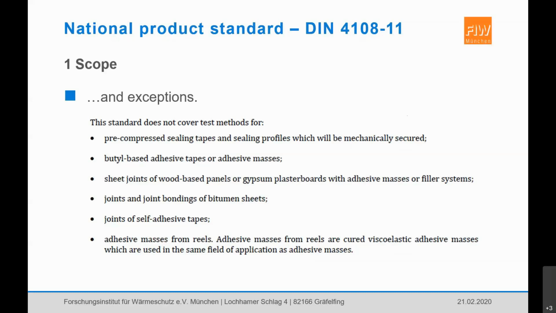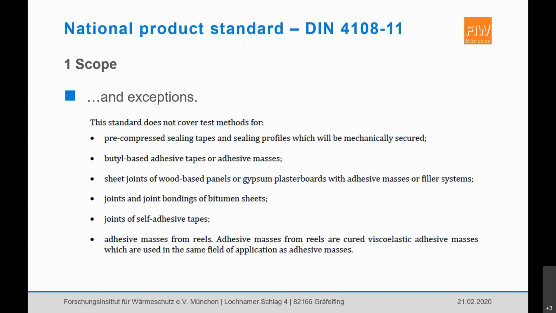But therefore they only have low peel or shear resistance forces, and they cannot be characterized with the methods in the standard, and therefore they are excluded. And I think, as a person, this is definitely a topic for future standardization work, to develop test methods that are suitable, in the best case, for all product groups.